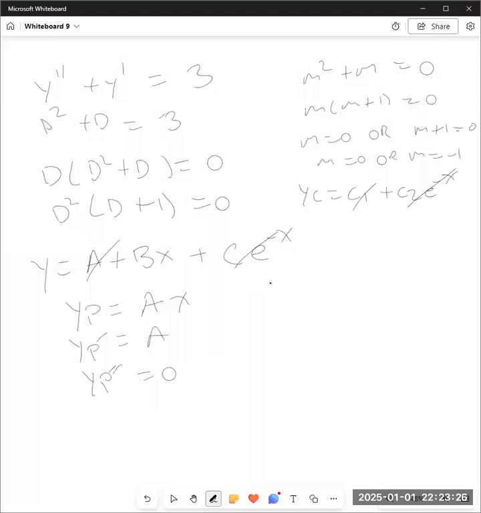So that gives me 0 plus a is 3, so a is 3. I'll just call this b, that's okay. So we have y is equal to c1 plus c2 e to the negative x plus 3x, like that.